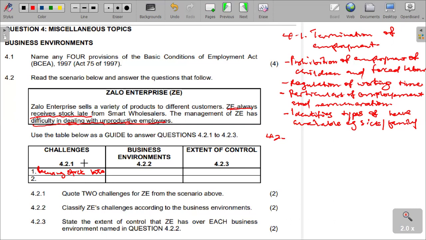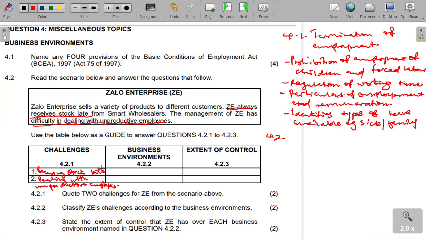Another challenge is that the management has difficulty in dealing with unproductive employees. Dealing with unproductive employees is a challenge that is given there.